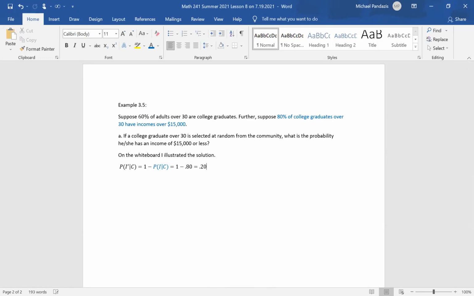Okay, so part B: what percent of adults over 30 in the community are college graduates and have incomes over 15,000.